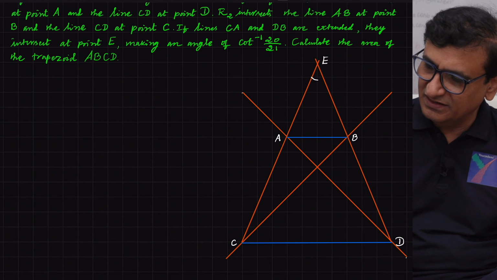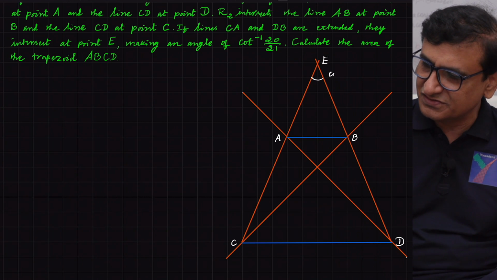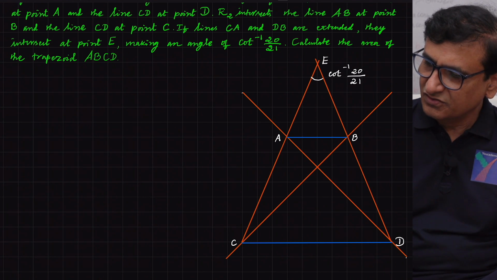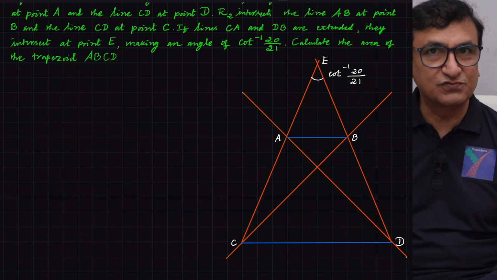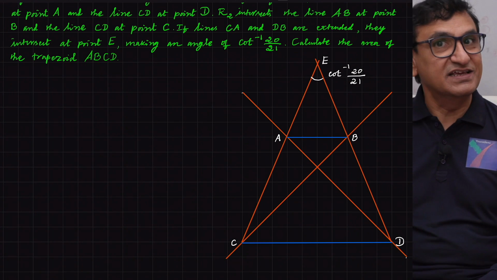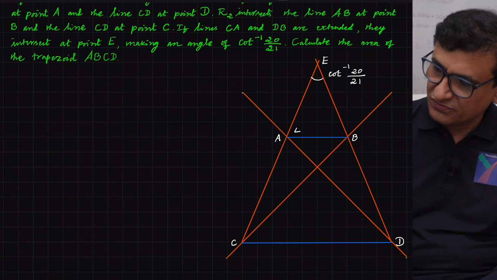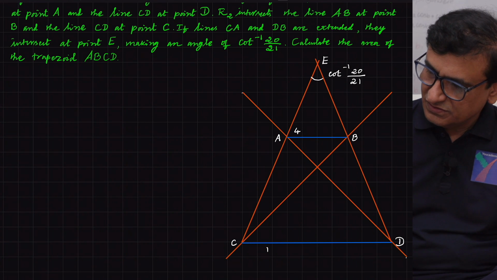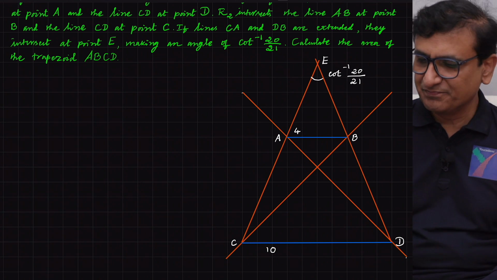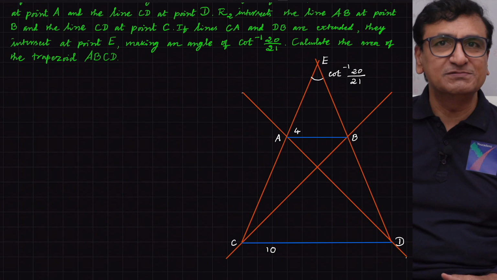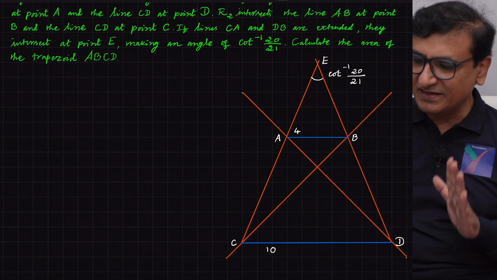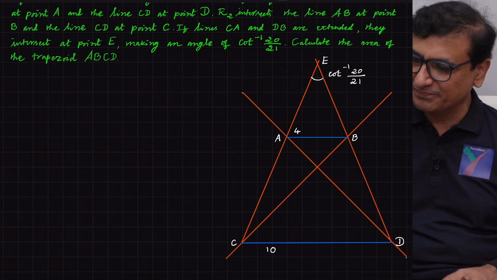That is, this angle E is cot inverse of 20 by 21. And AB is 4 units and CD is 10 units. So this is 4 and this is 10. With this information, we have to calculate the area of the trapezium ABCD.